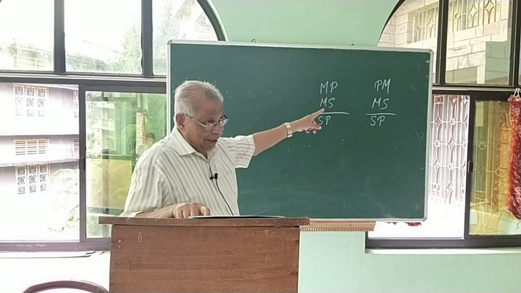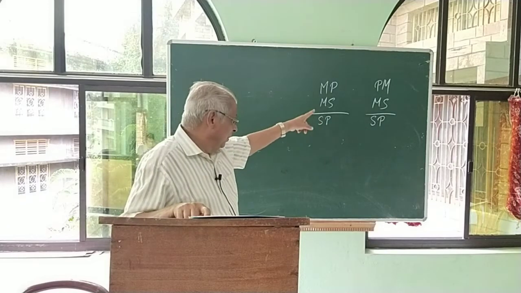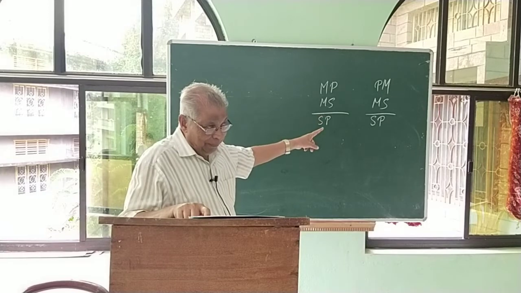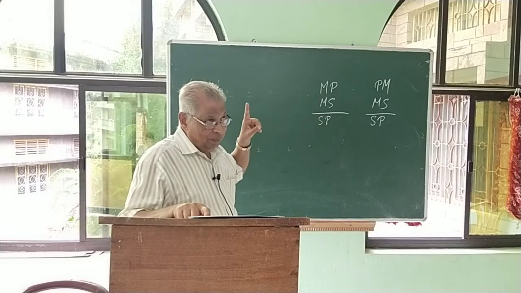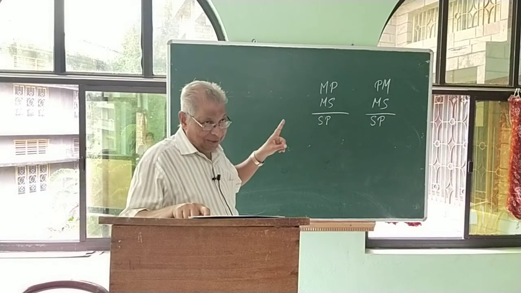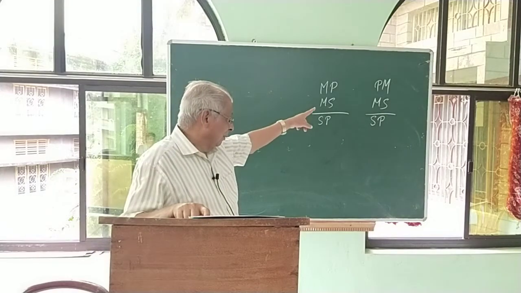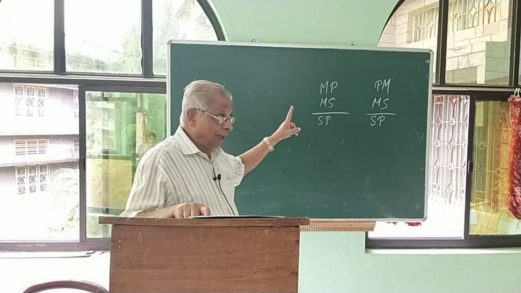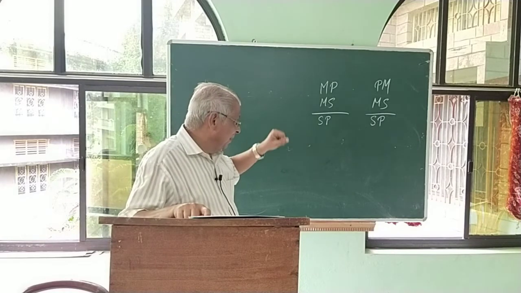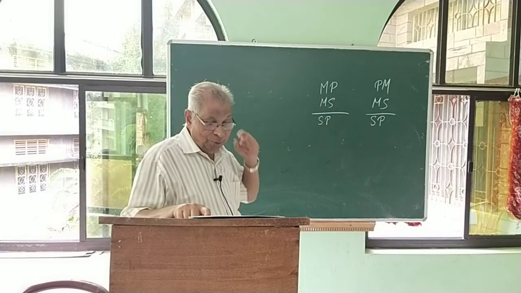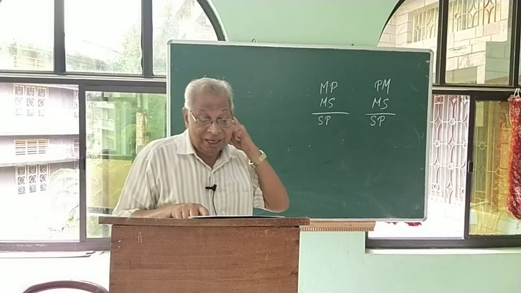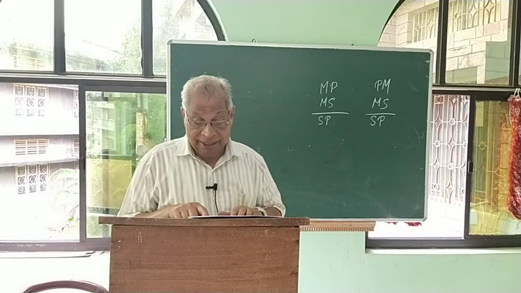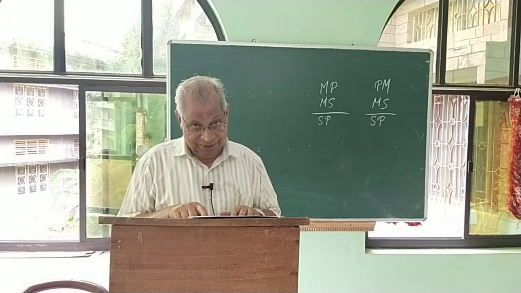If M there is particular, the M in the minor premise has to be universal, because the middle term has to be universal at least once. That is possible only by making that premise a universal statement. So if the major is affirmative, the minor premise must be universal.